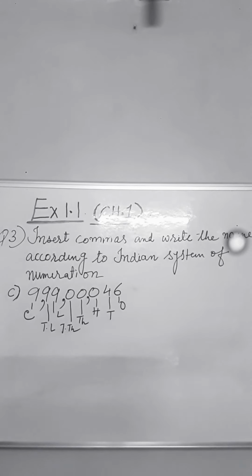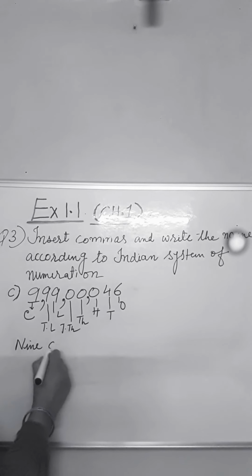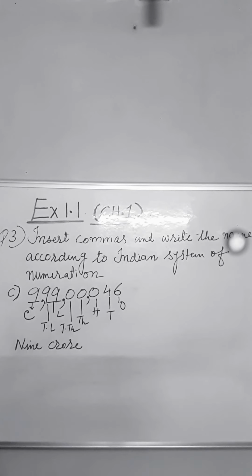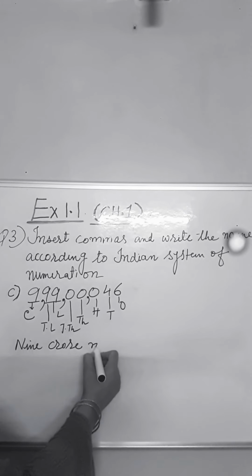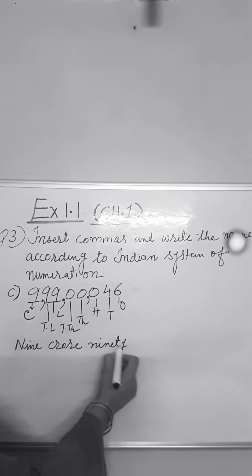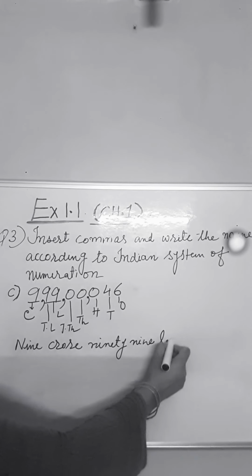So here at crore place the digit is 9. So we will write here 9 crore. Then the number at lakh and 10 lakh place is 99. So 99 lakh.